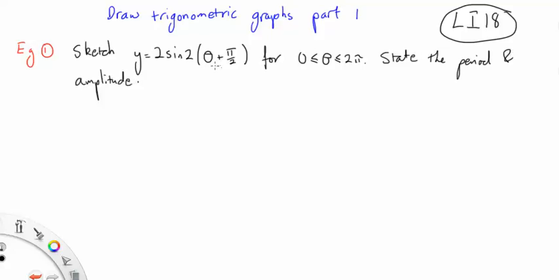Alright, here's why I'm excited. Over here we can use dilation, reflection and translation to get this graph. Let's start with dilation. Well, here's a 2 out the front, so that's dilation by a factor of 2 from the x-axis. And I'm going to show you exactly what that means. I've got some questions about, hang on, what does it mean to be dilated by a factor of 2 from the x-axis?